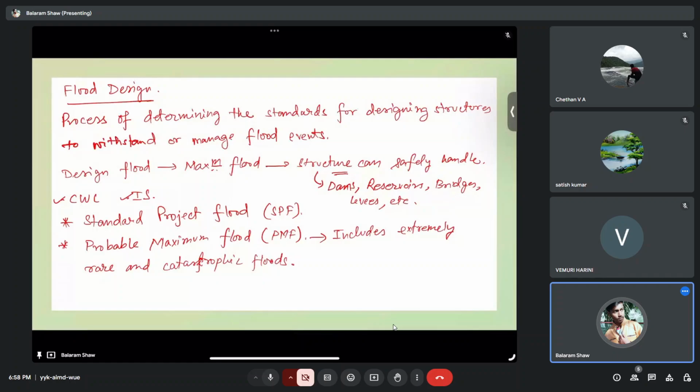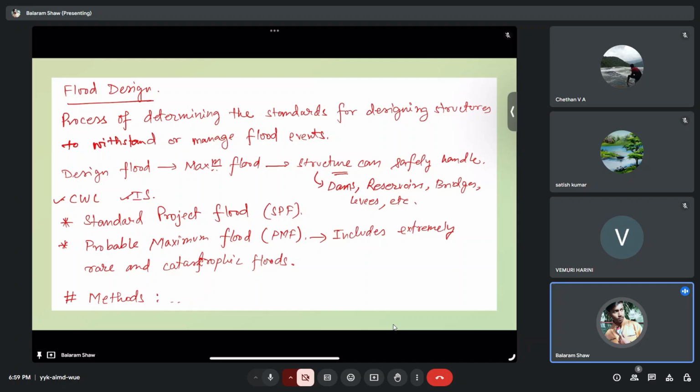Okay, so there are several methods to deal with this, or to design these design floods, right? There are methods like physical indications of how past floods have happened. Based on the past observations, we can design the flood, or based on an empirical formula, based on some data that we have.